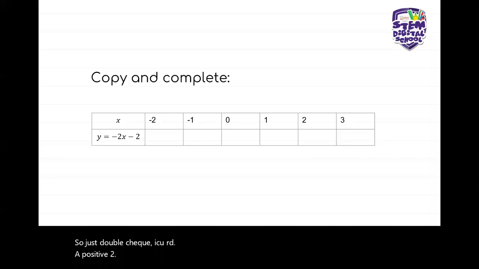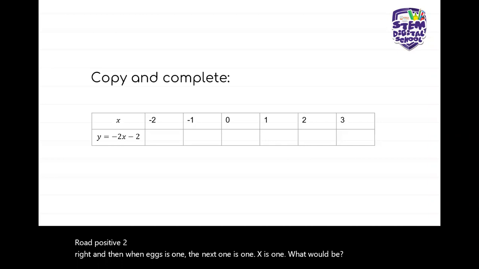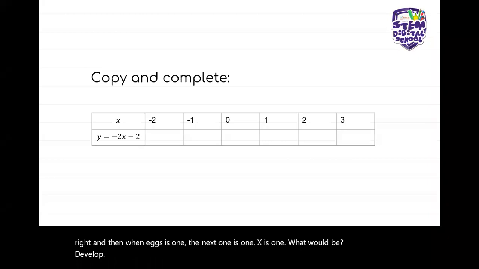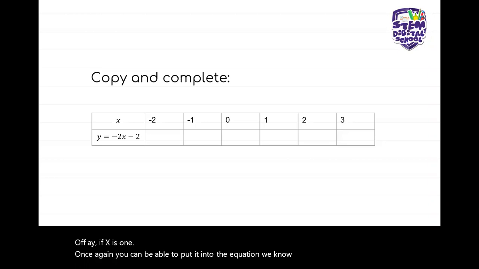You wrote +2. Right, and then the next one is when x is 1, what will be the value of y if x is 1? Once again, you can put it into the equation. We know that y will be equal to -2.